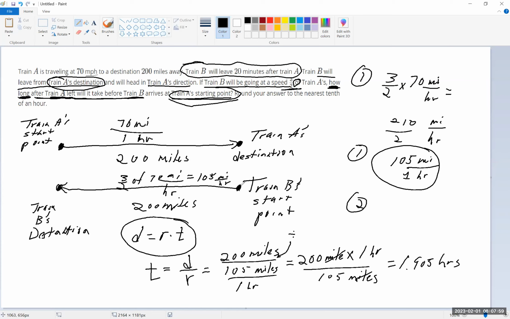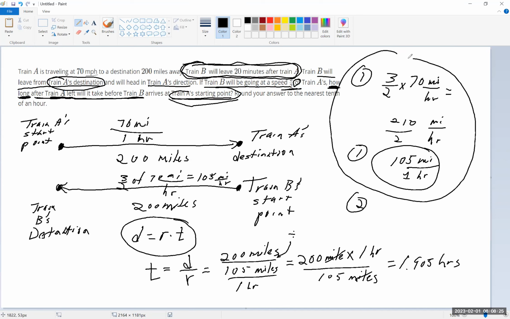So almost 2 hours, but not quite, is how long it takes train B to travel from its starting point to the end, except that you need to add the 20 minutes that it waited. And again, I'm working through understanding the problem and devising a plan and carrying out the plan at the same time. So let's call this step 1.